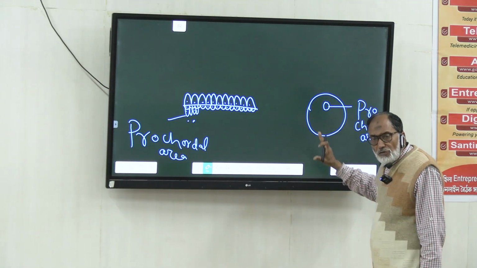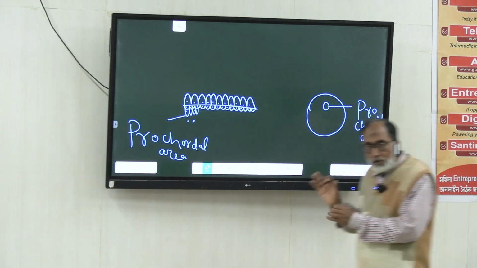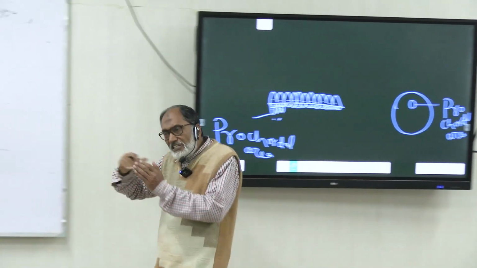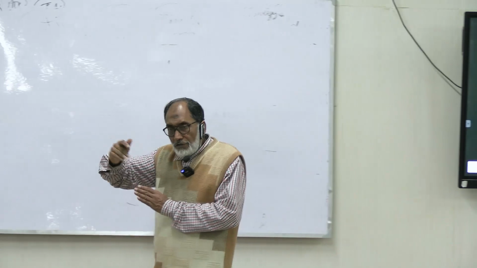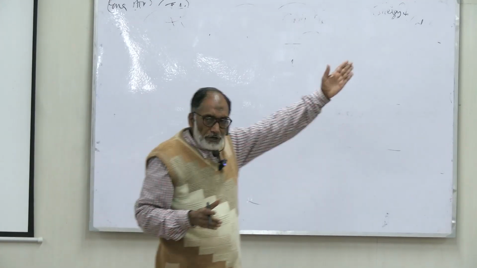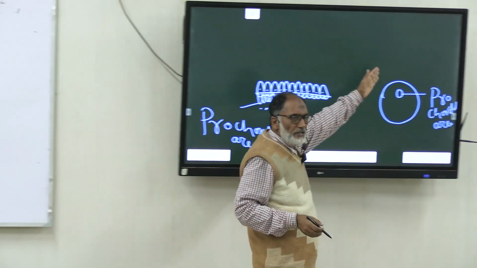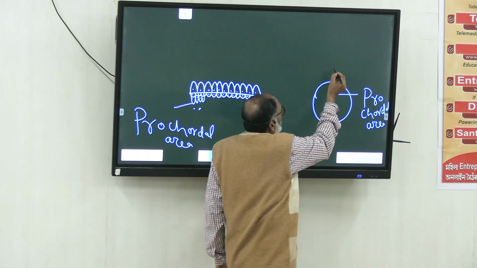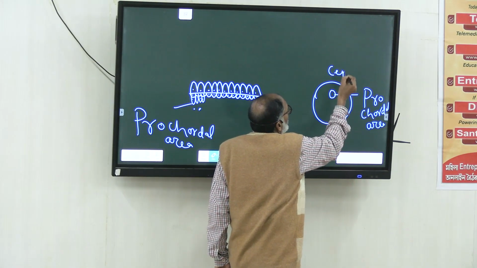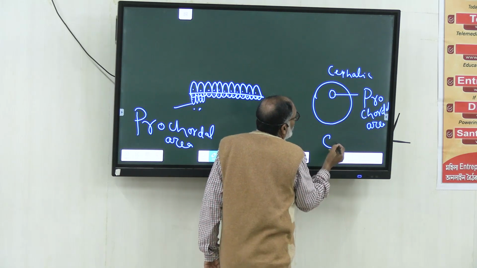With the appearance of the procaudal area, the axis will be determined. This is the cephalic side and this is the caudal side.